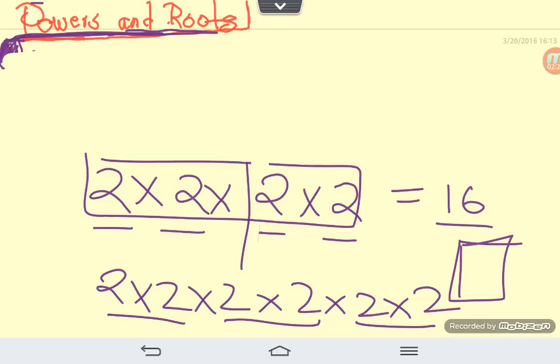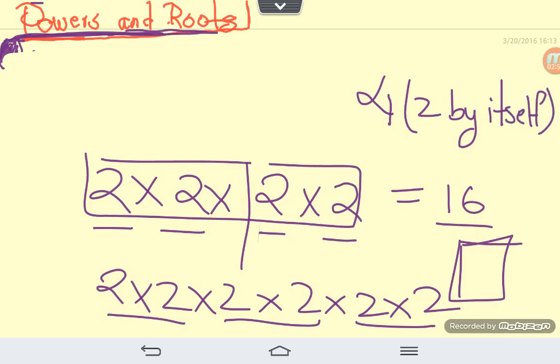So here we have a sentence. You multiply 2 4 times by itself means 2 times 2 times 2 times 2. 4 times 2 by itself, which is nothing but 4 times 2 multiplied by itself.